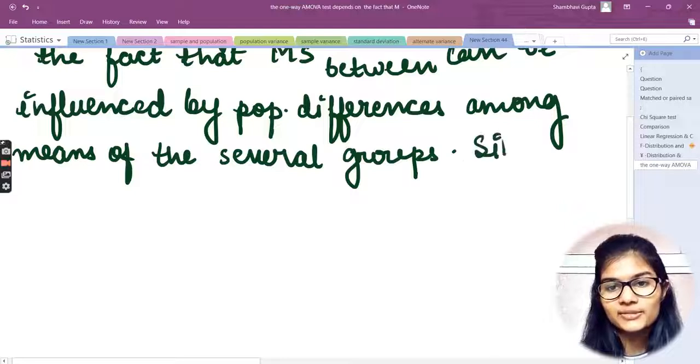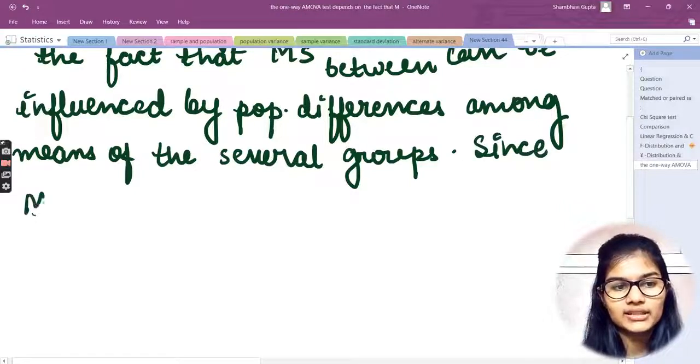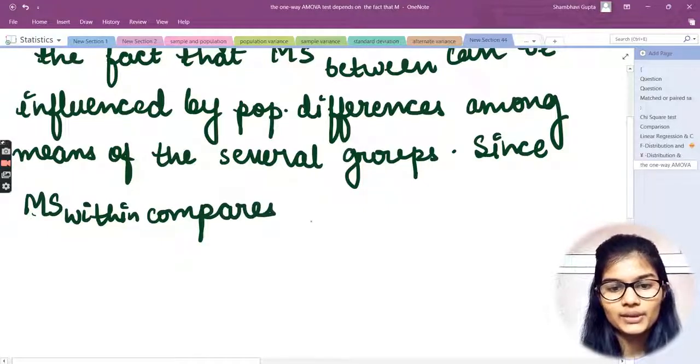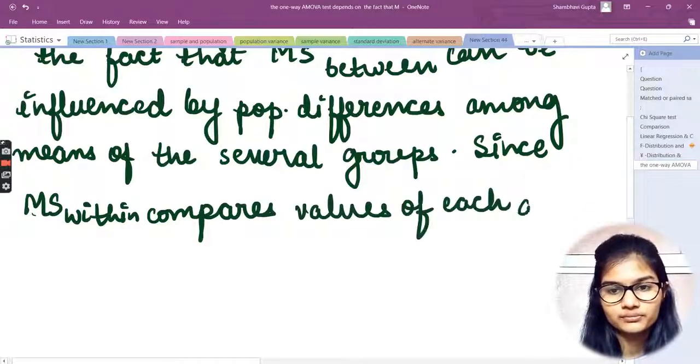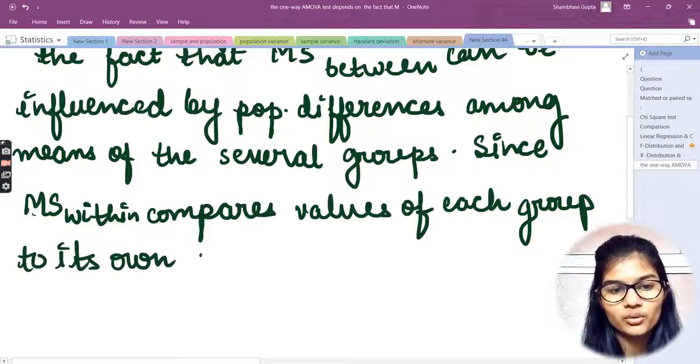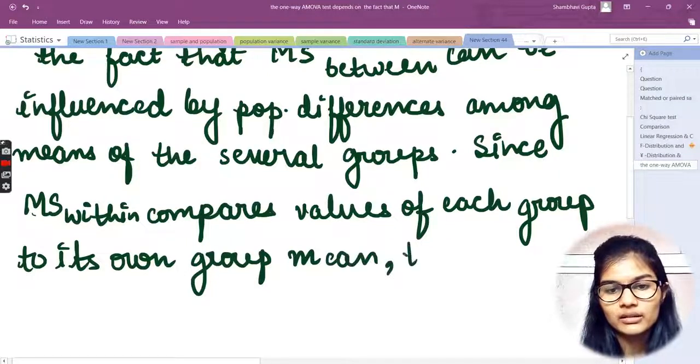Now, since MS within compares values of each group to its own group mean, the fact that the group means might be different does not affect MS within.